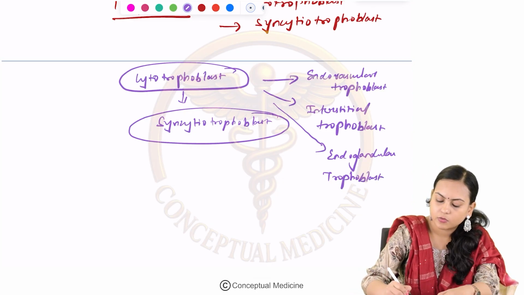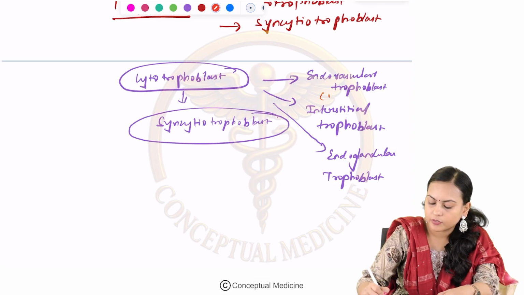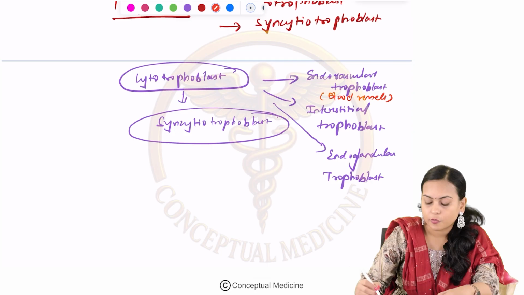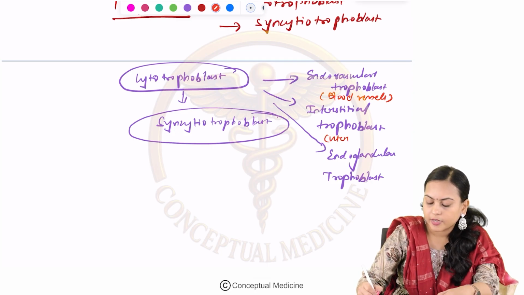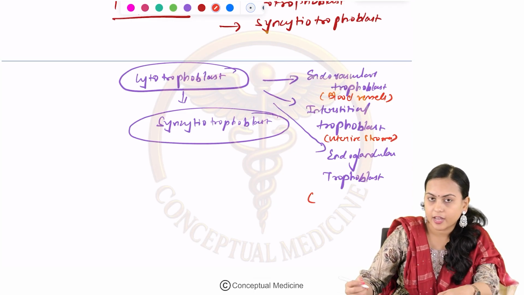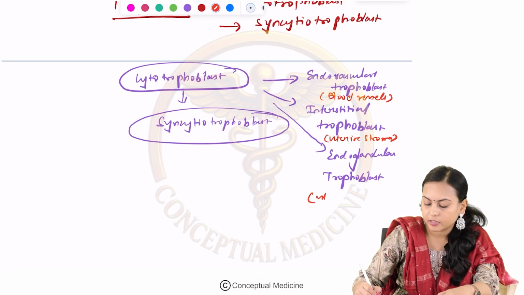So, endovascular trophoblast is going to invade the maternal blood vessels. Interstitial trophoblast is going to invade the uterine stroma, and endoglandular trophoblast is going to invade the uterine gland.